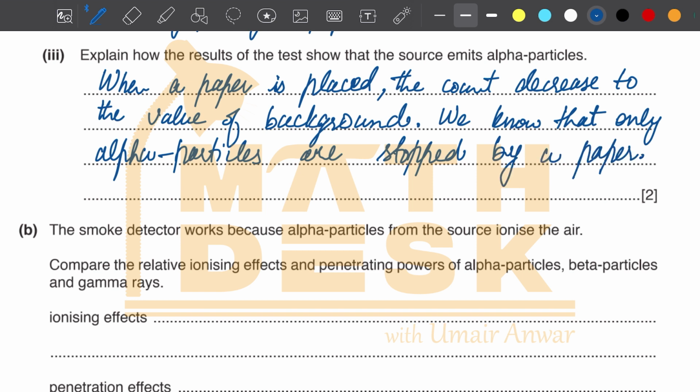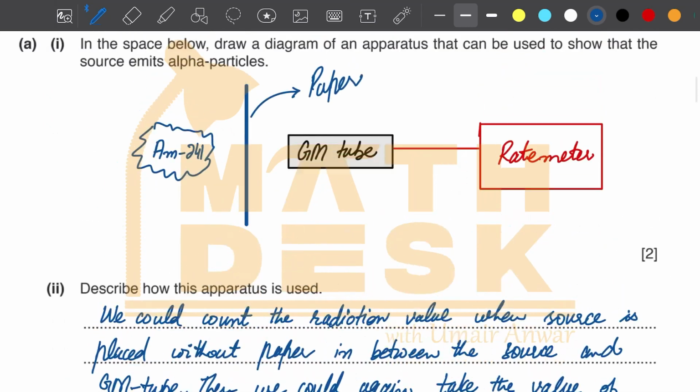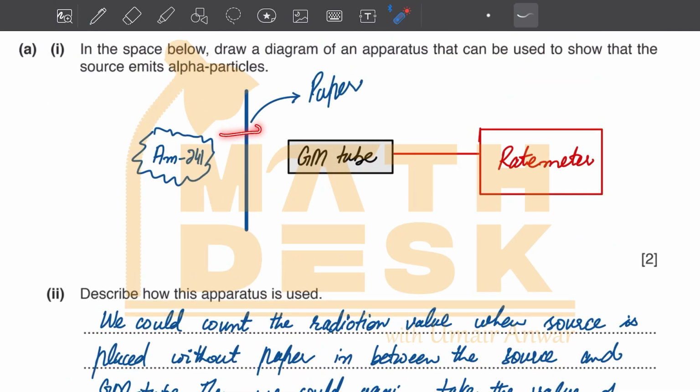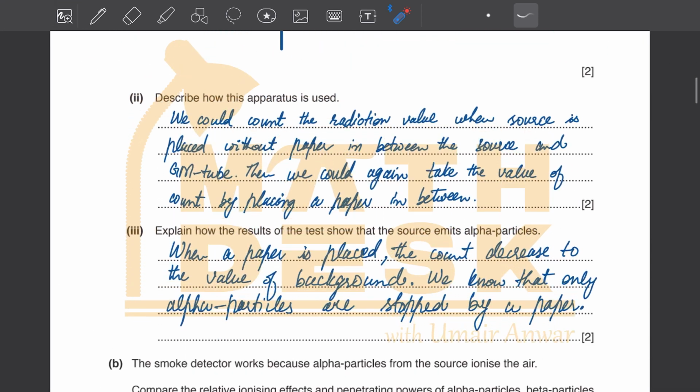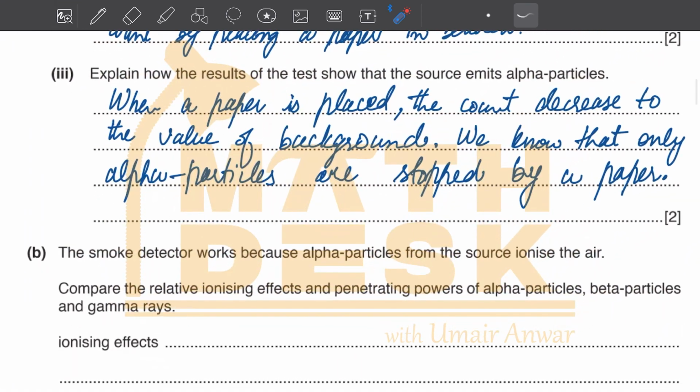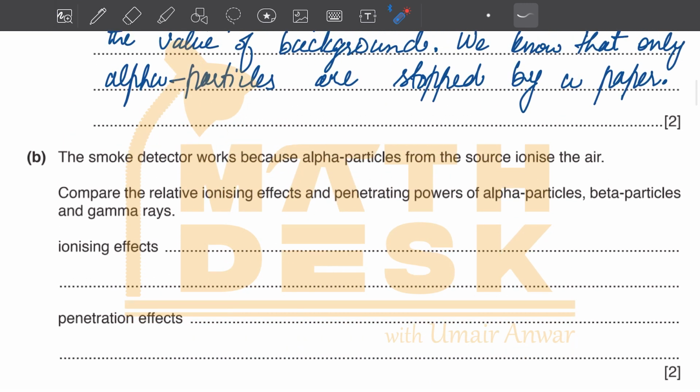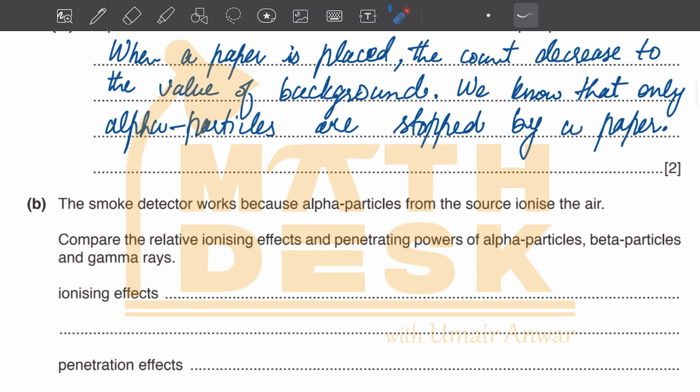So if there had been beta particles or gamma rays being emitted by the source, they would have gone through this paper and they would have been detected by this GM tube and the rate meter. So since the value is dropping to the value of background radiation, it shows that only alpha particles are being emitted here. The next part says the smoke detector works because alpha particles from the source ionize the air.